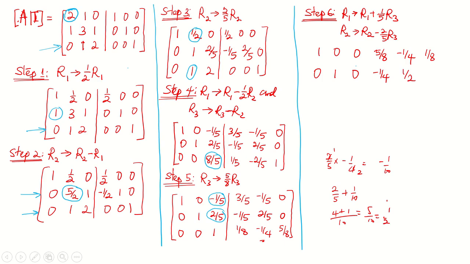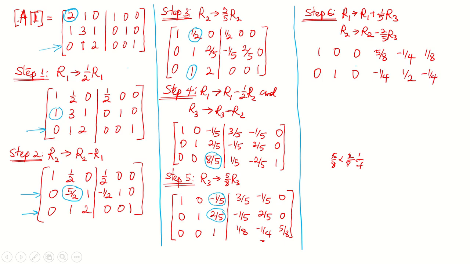Okay. I hope this is making sense. And then we move on to the third column of row 2. We multiply 5 over 8 by 2 over 5, and that will give 1 over 4. Now we would subtract 0 from 1 over 4, that's minus 1 over 4.